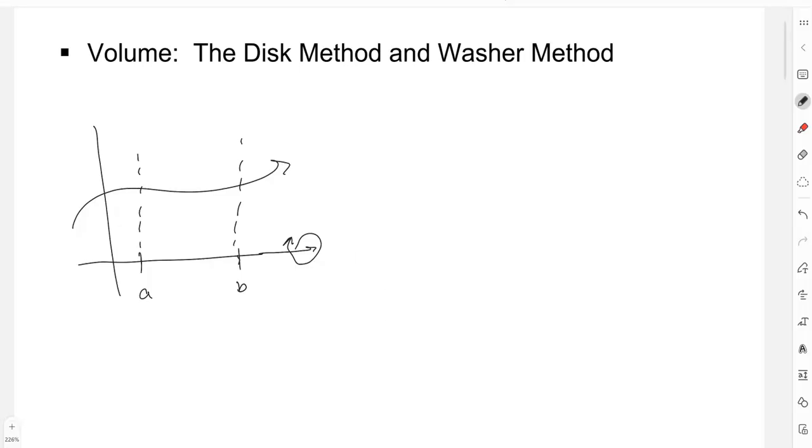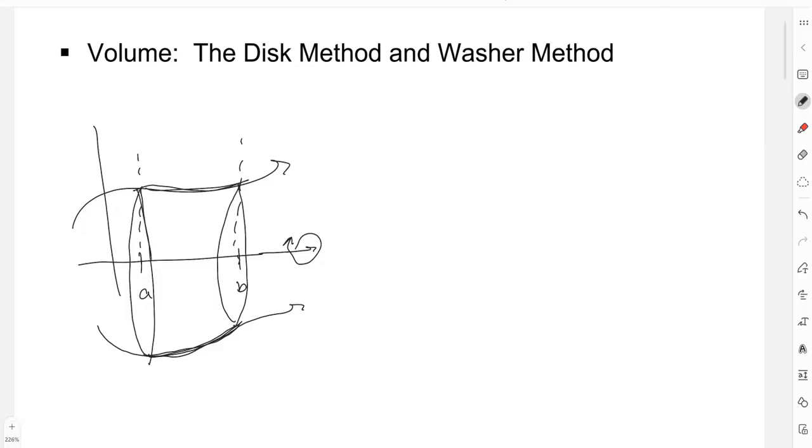So if we were to do that in this case, let's see if I can draw this. You may have to use your imagination a little bit, but it's going to look something like this. So we're going to have this solid in here. It's going to look kind of like a vase. See if I can draw it out to the side.